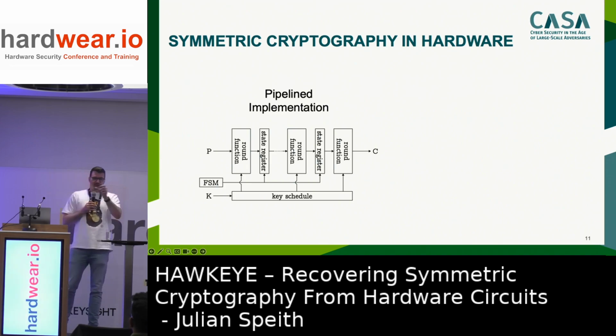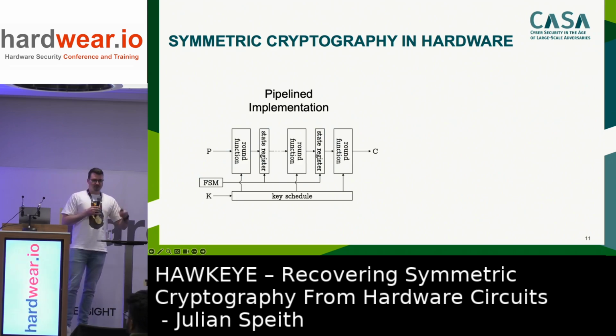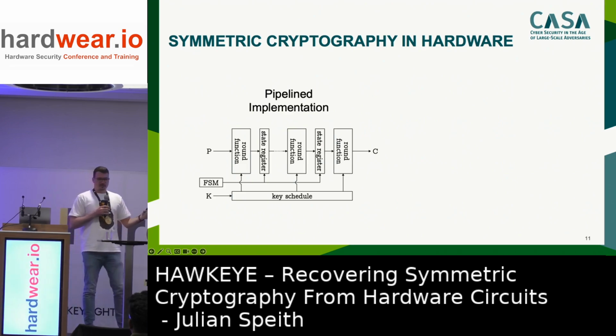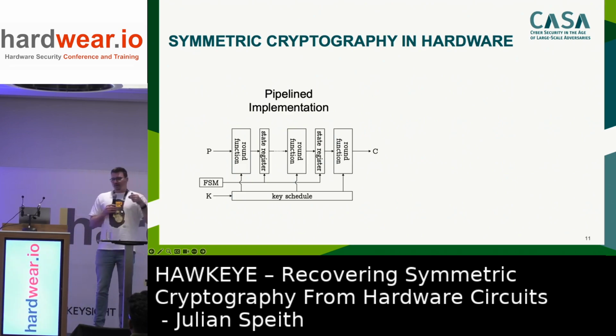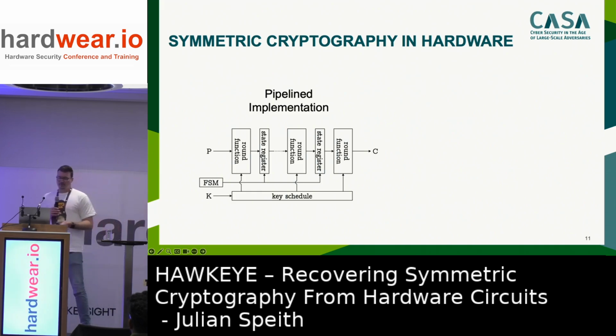So we have 10 implementations of the round function, and there are state registers in between that hold the state for a cycle. So you could then clock this entire thing, and it's called a pipeline because during every clock cycle, you can put one plaintext in, and it will propagate over the course of 10 clock cycles to the end, but you can encrypt multiple plaintexts in parallel at different stages of this design. Of course, this wastes a lot of area for the benefit of performance.